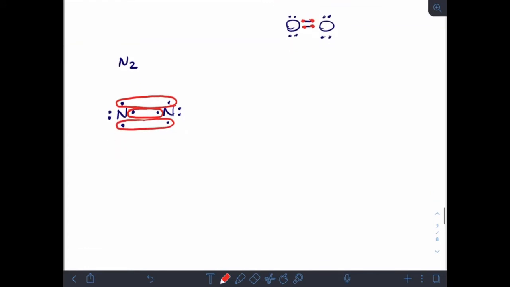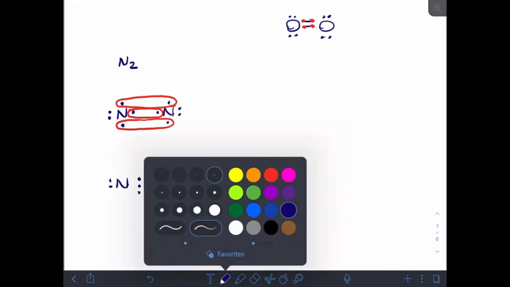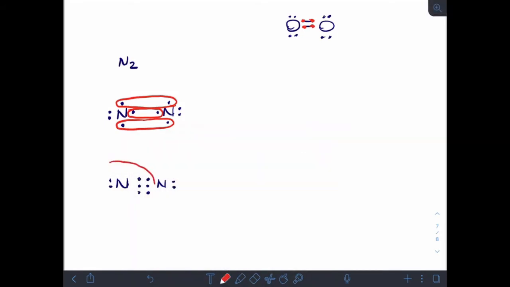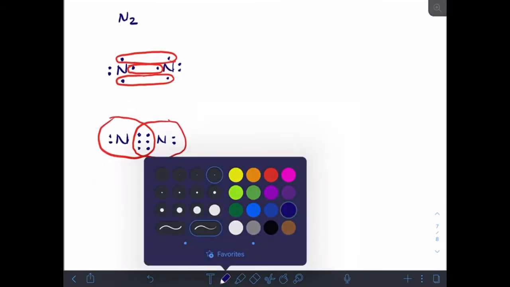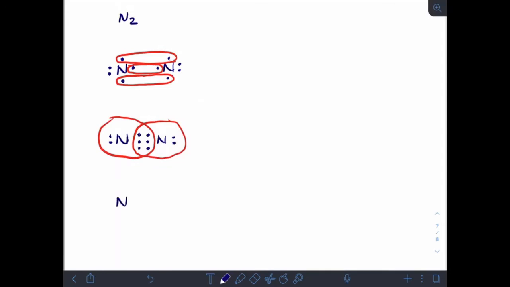That way each nitrogen feels like it has access to 8. That's the point of the sharing of electrons: each one has access to enough electrons to satisfy the octet rule. Drawing this with lines instead of dots, I'll have 3 lines representing 3 shared sets of electrons.